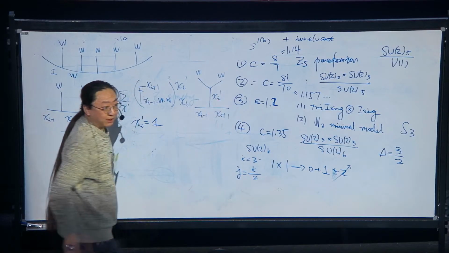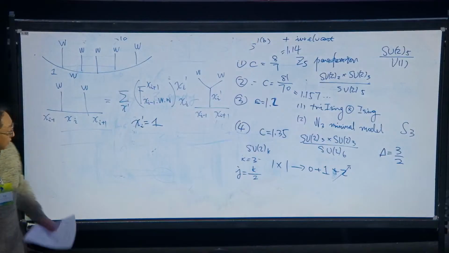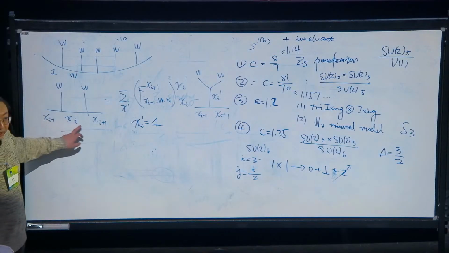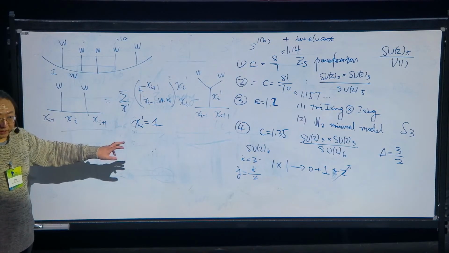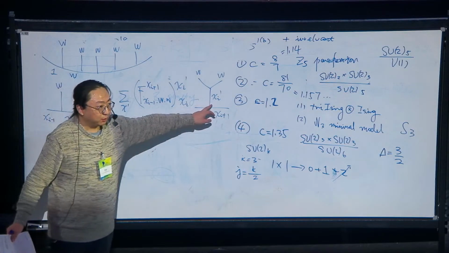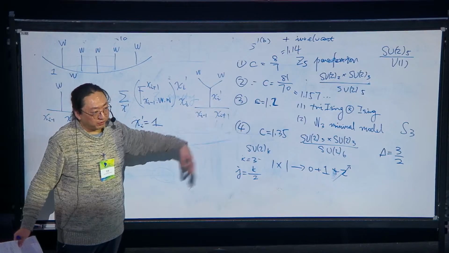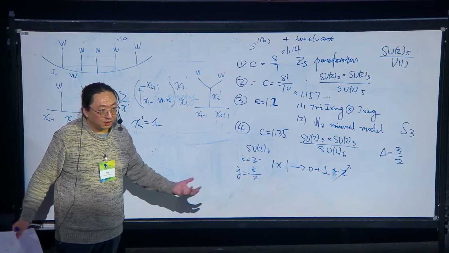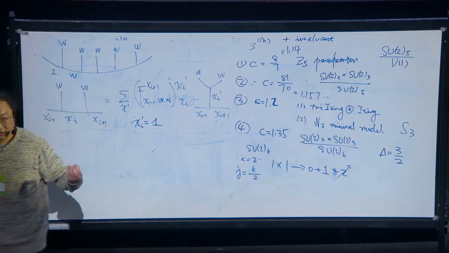This fusion line is equal to 1. So you can see we take 3 nearby Hilbert spaces, we change the basis, we have a basis for different states. They correspond to either x prime equal to 1 or equal to W, but we favor those that are in the 1 sector.